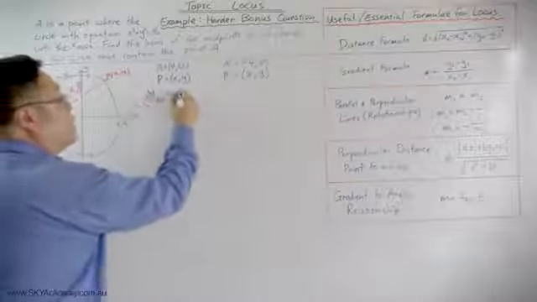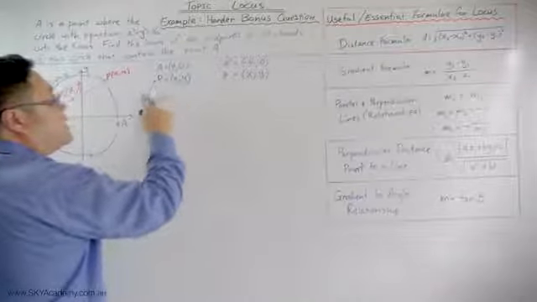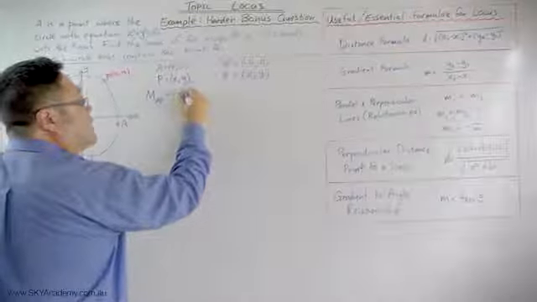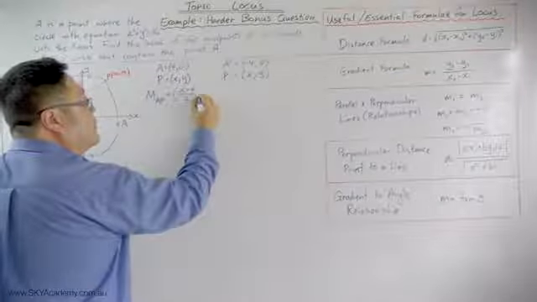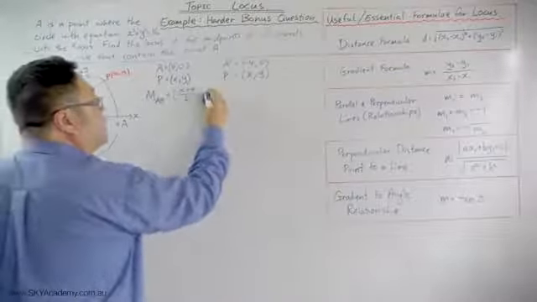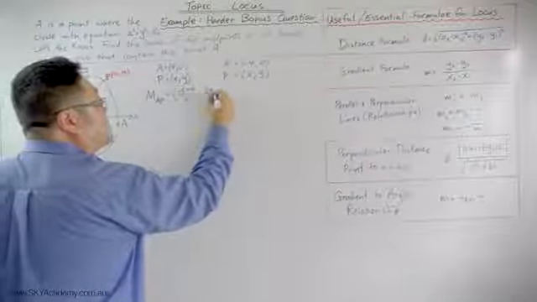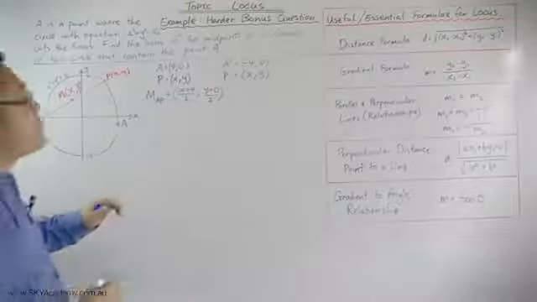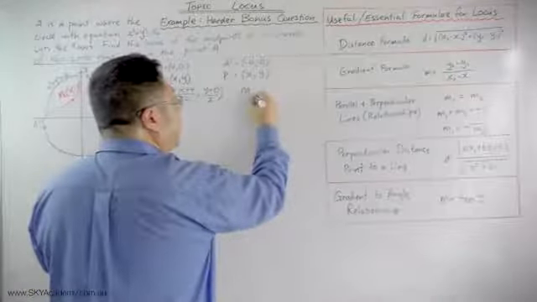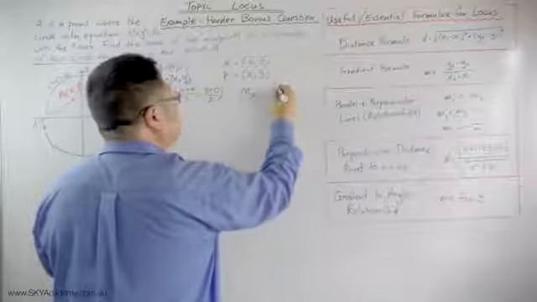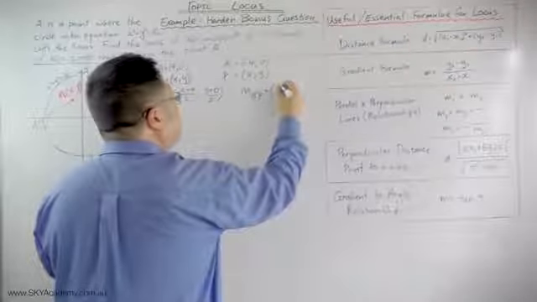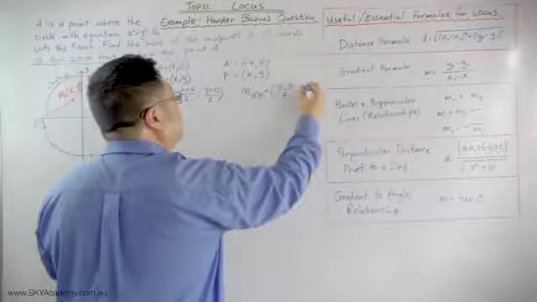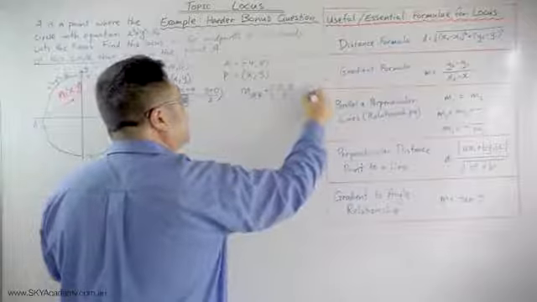When we use the midpoint formula, the point for M is going to be (x plus 4) on 2, and y plus 0 on 2. Now the midpoint for A dash P, which is your other value of A, is going to be (x minus 4) on 2 and (y plus 0) on 2.